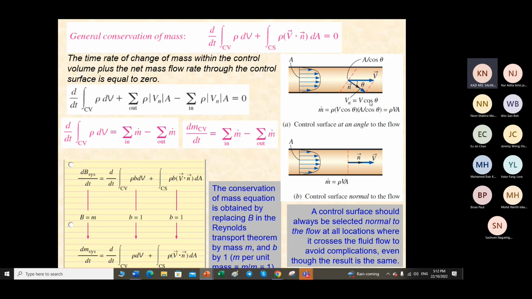In this case, we can write the mass flow rate as rho into V cos theta into A by cos theta, which is virtually rho V A.